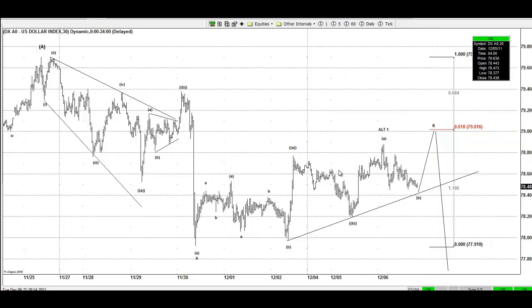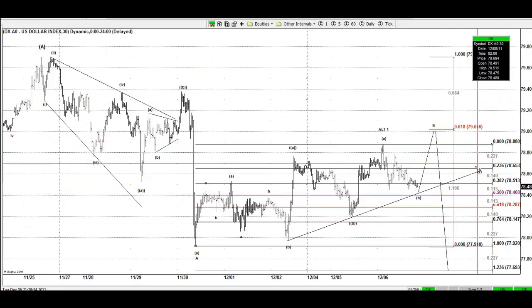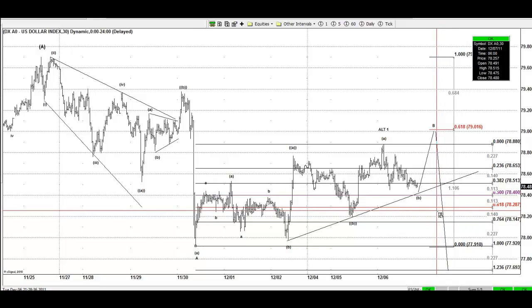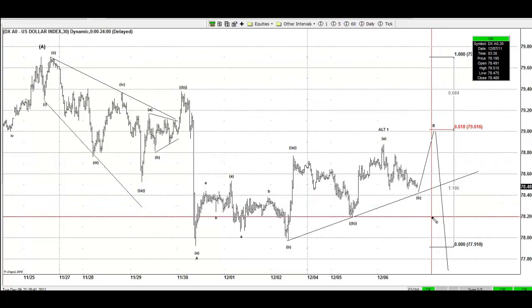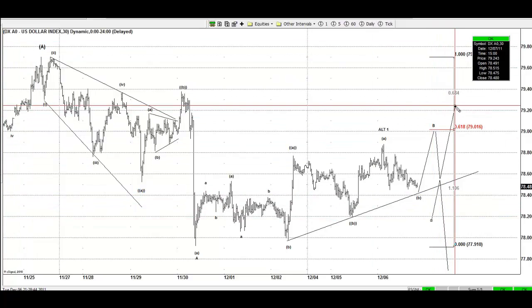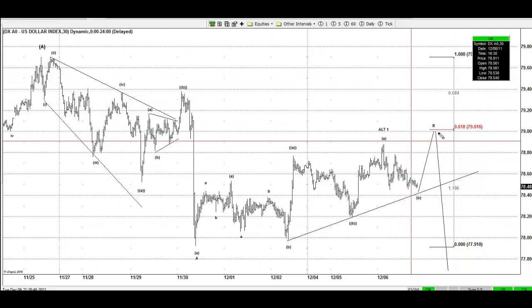So with the 7 swings, we can call the correction completed. An alternative scenario is 1, 2, 3, 4, 5. This is A or alternative wave 1, and then a deeper correction to wave 9, to around 78.27 in weakness on the dollar, and then another leg higher tomorrow to complete a three-way move.